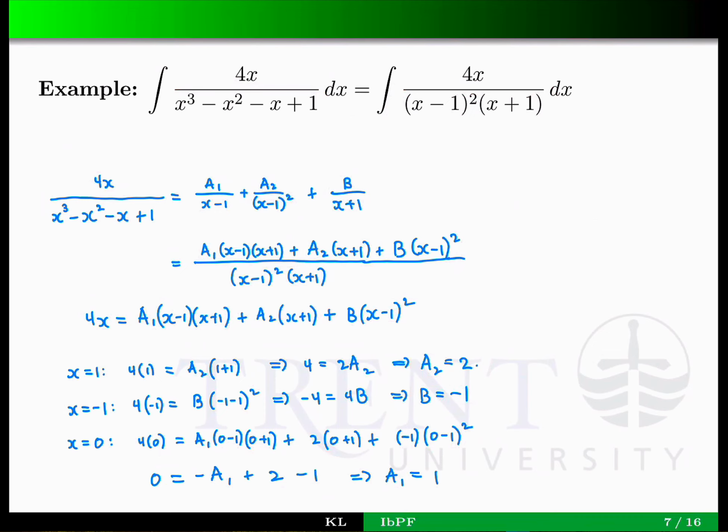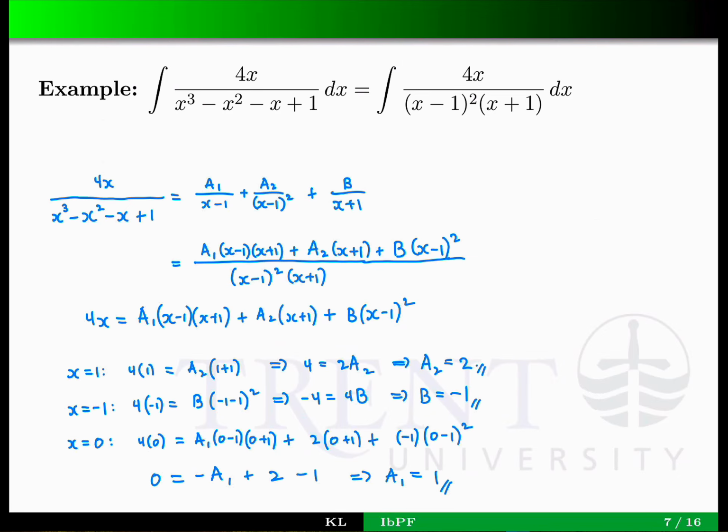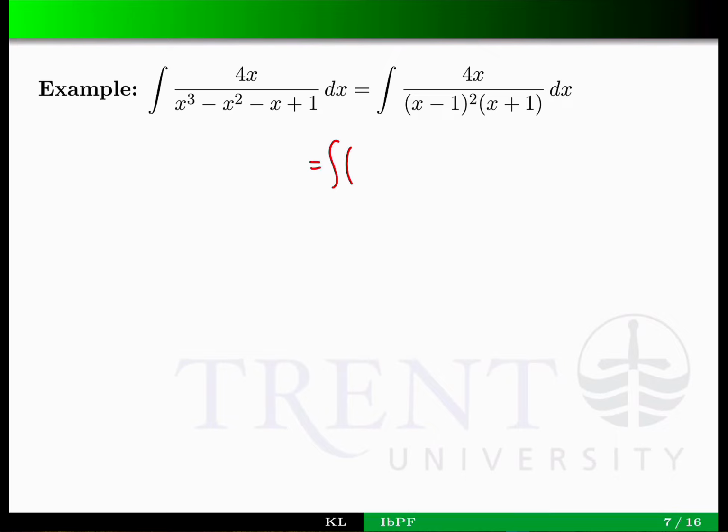So now, we got a2, b, and a1. Therefore, this integral here, let me now go to the next page, becomes the integral of a1, which is positive 1, and the denominator is x minus 1. So we will have 1 over x minus 1.